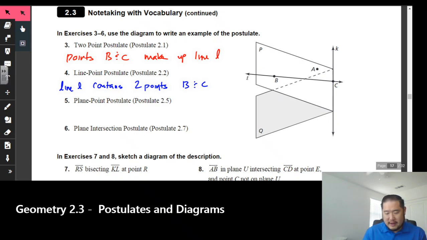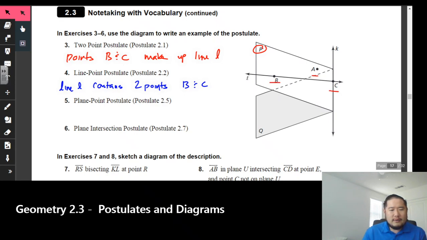Take a look at number 5. We have the plane point postulate. In a plane, there should be 3 points. What's the letter of the plane that we're looking at that makes the most sense? It would be the one right here, plane P, and it's got these 3 points.